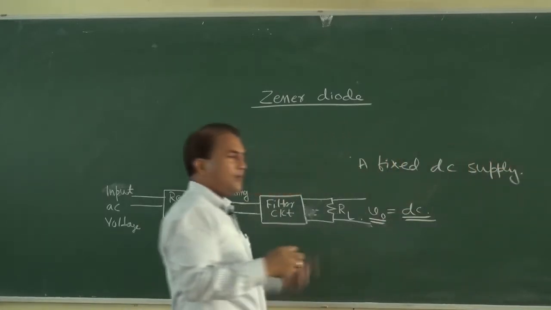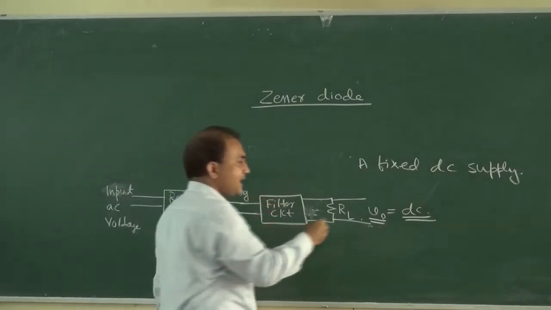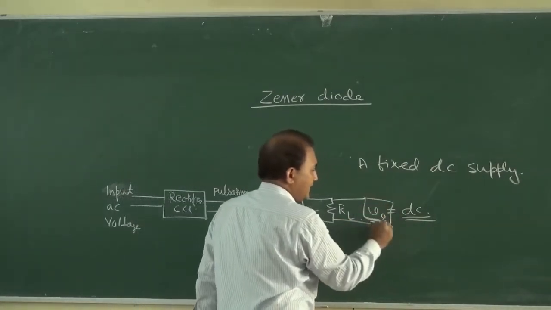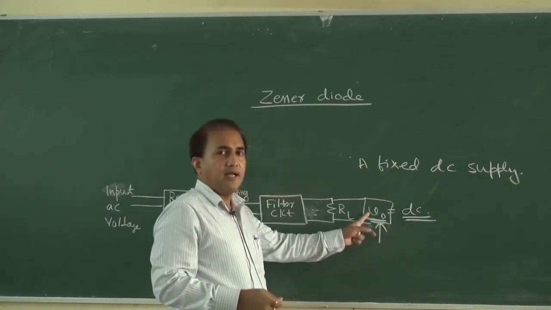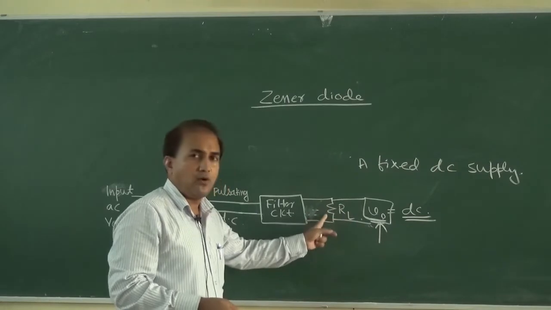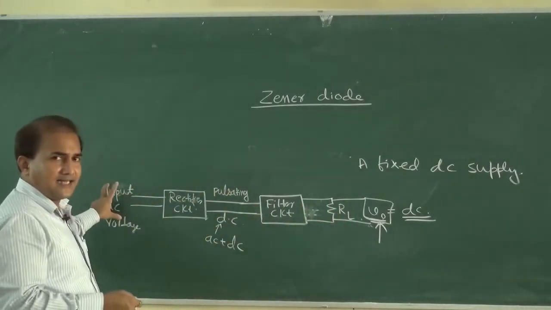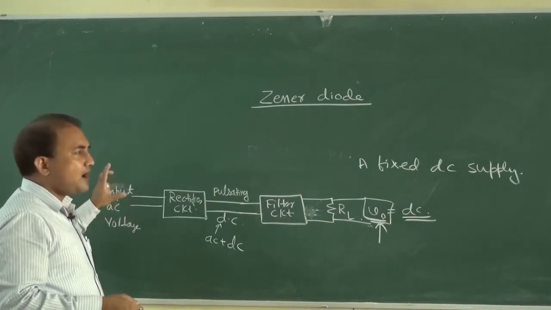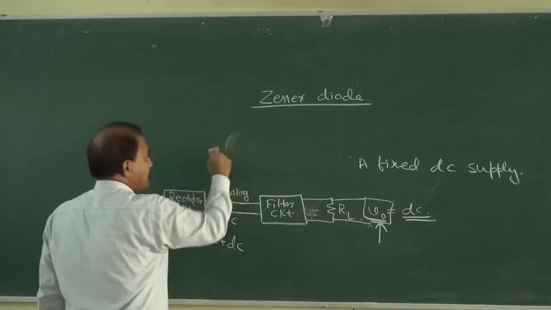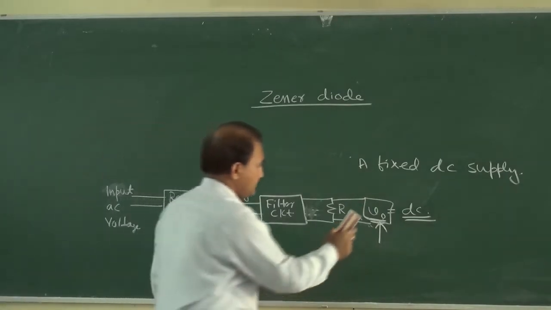So how can we achieve a fixed DC supply? Fixed DC supply means this V naught, this V output, should not vary with the change in output load or with the variation in the AC input voltage. So how can this be achieved? This can be achieved by using a voltage regulator.